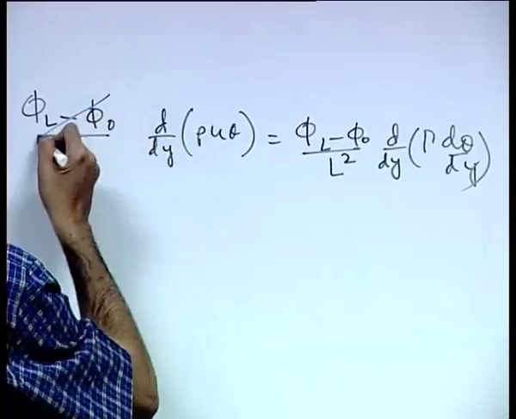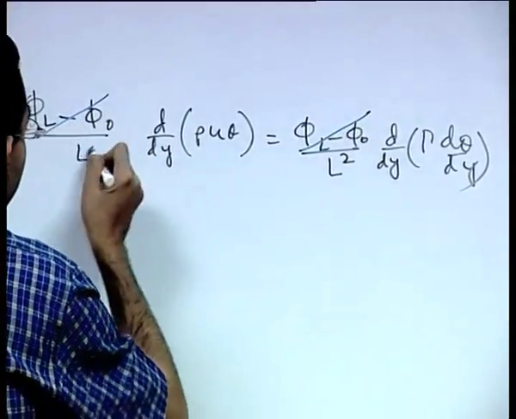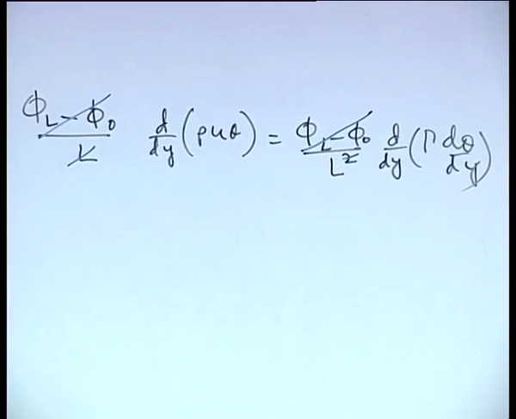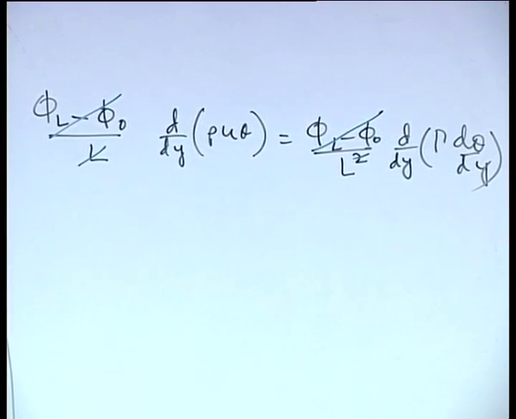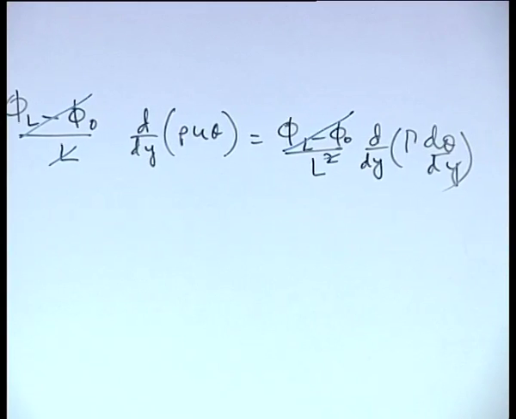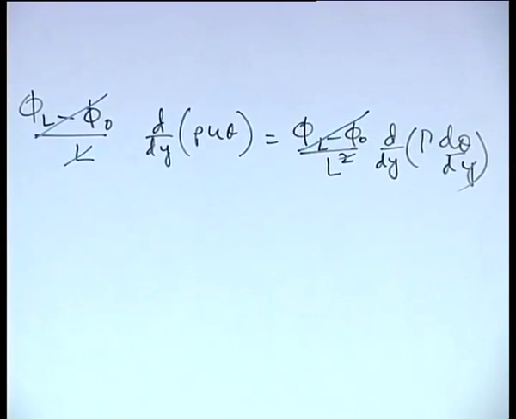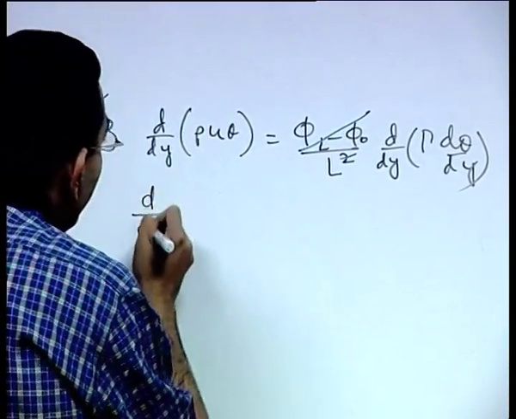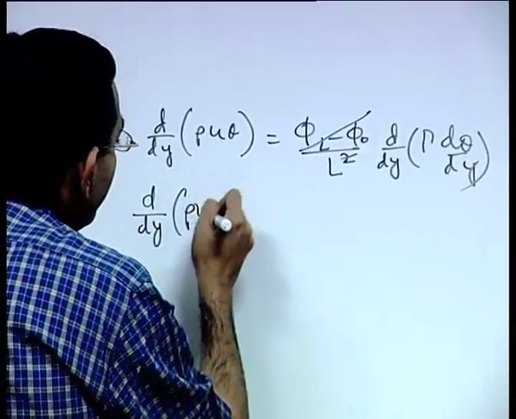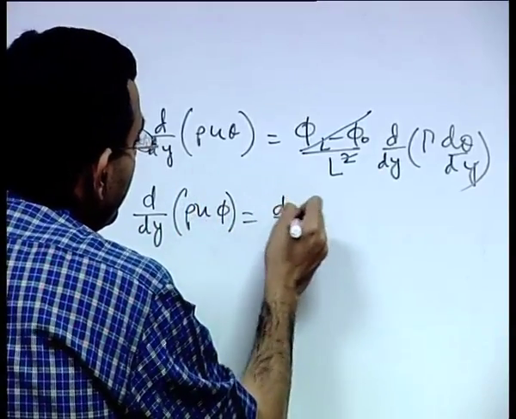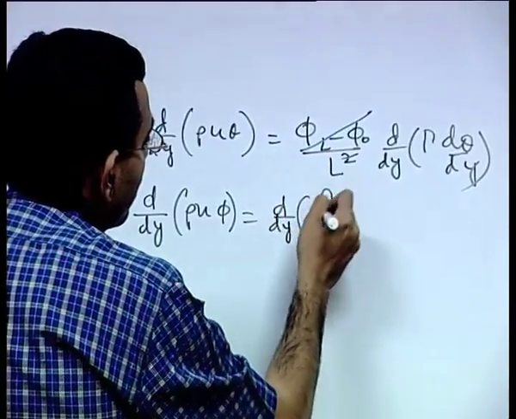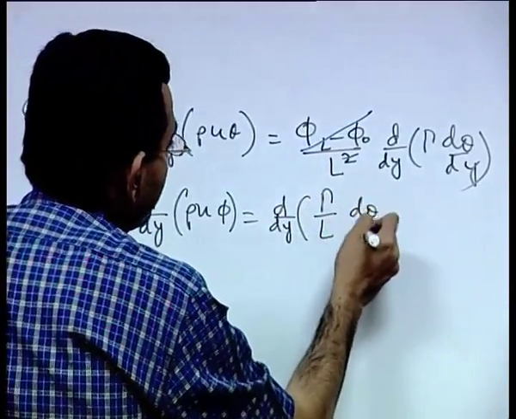We can cancel phi L minus phi 0 and one of the L's. So, we can write d/dy of rho u theta is equal to d/dy of (gamma by L) d theta dy.